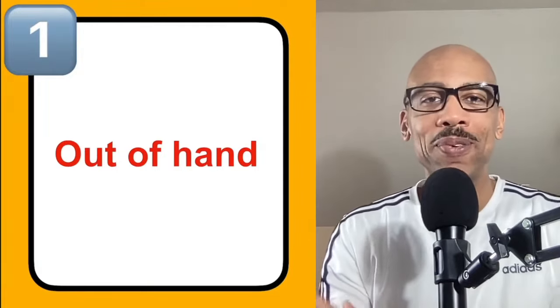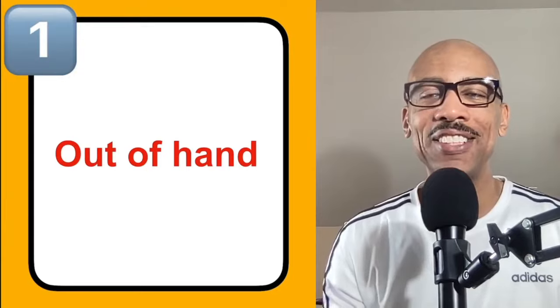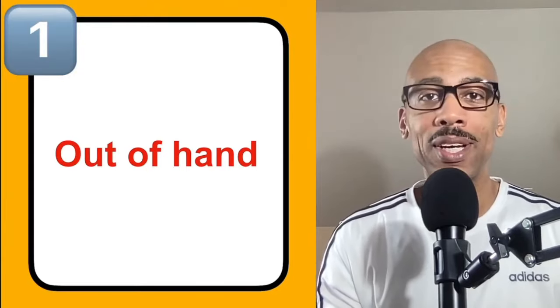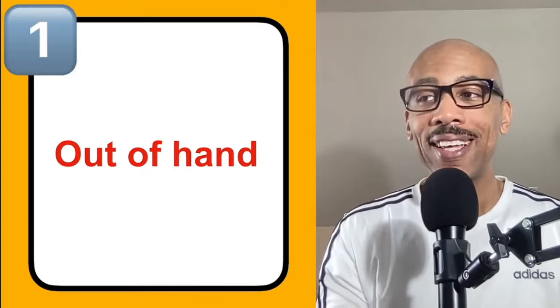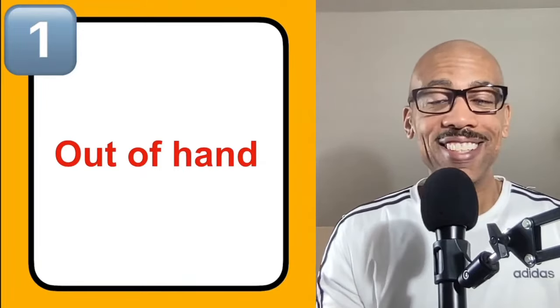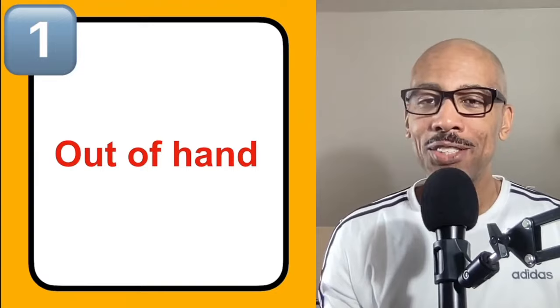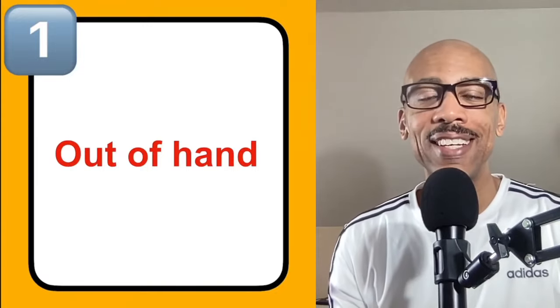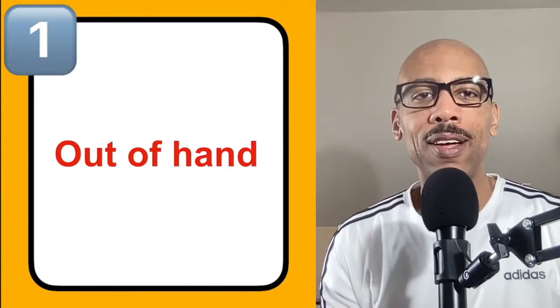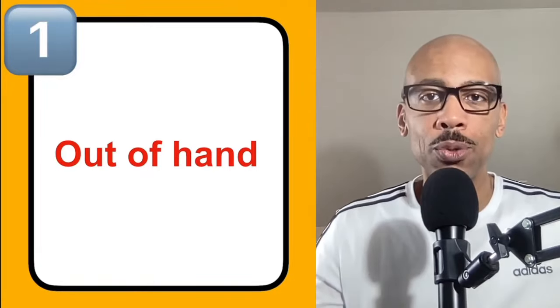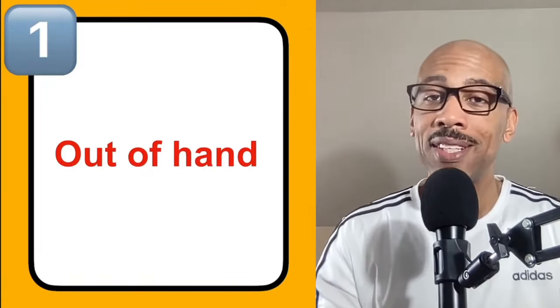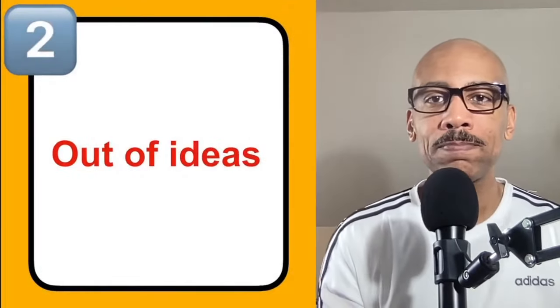Or you may be riding down the highway and you see someone arguing and you say, let's get out of here before this fight gets out of hand. So when something is out of hand, it's almost as if a person or a situation begins to lose control. That's what it means to be out of hand.